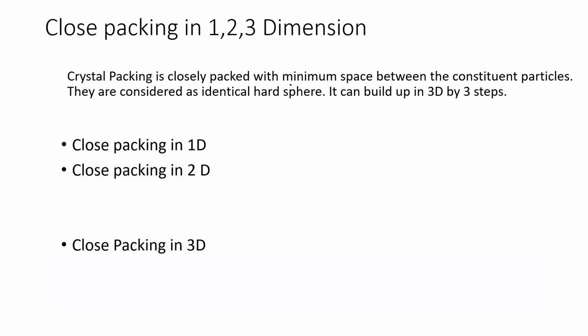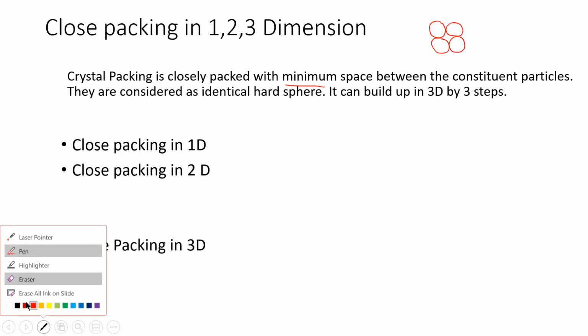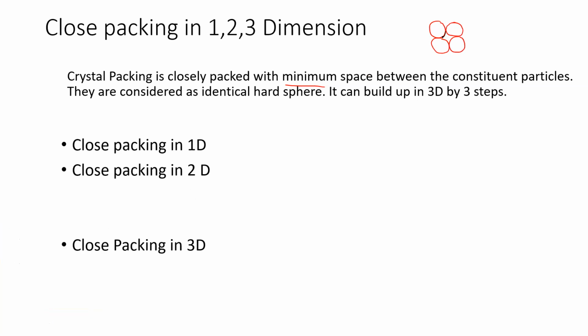So we know that whenever you pack in any manner, we have some space between them. The space is otherwise called voids, the empty space. For example, if I am packing these 4 spheres, first sphere, second sphere, third sphere, and fourth sphere, at the center of that we have some empty space.